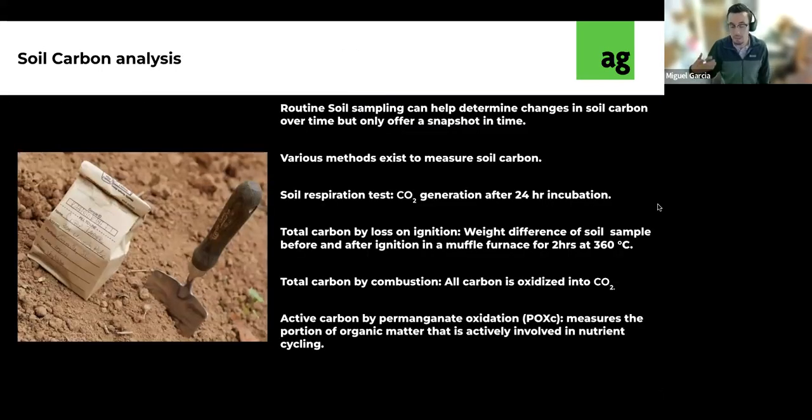So, like I said, the best way to know how much carbon you are actually sequestering or how much carbon you have to begin with would be by sending soil samples to a lab. So this involves sending somebody out in the field and collecting several soil samples.